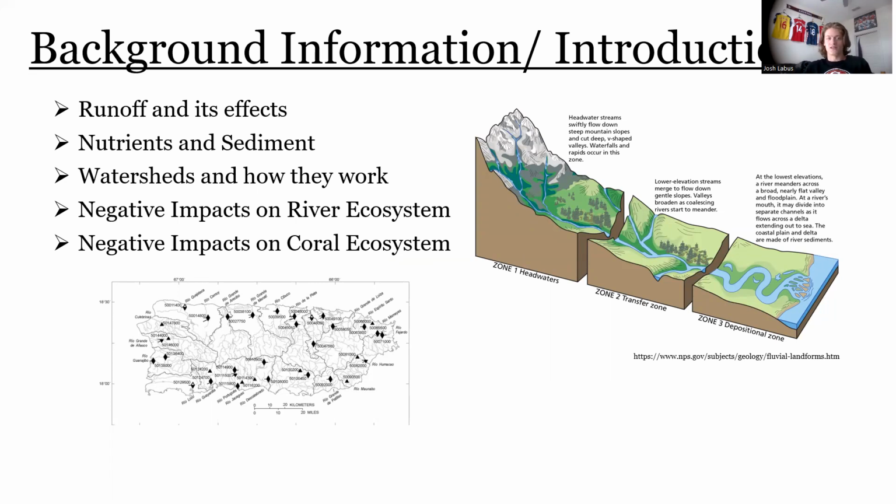Focusing on runoff in terms of nutrients and sediment is actually one of the most important things to this question that I wanted to focus on. Because as runoff water flows over the top of land or through soil, it picks up nutrients and sediment as it goes from higher elevation to lower elevation, which I wanted to show everyone in this picture on the right-hand side.